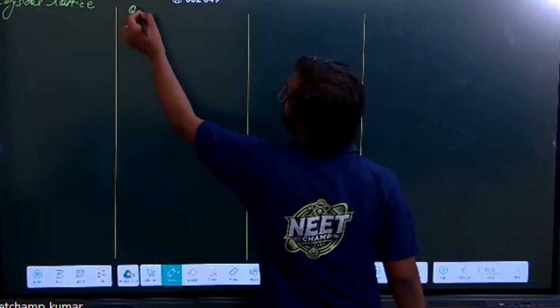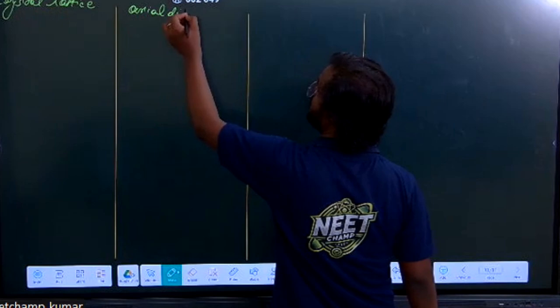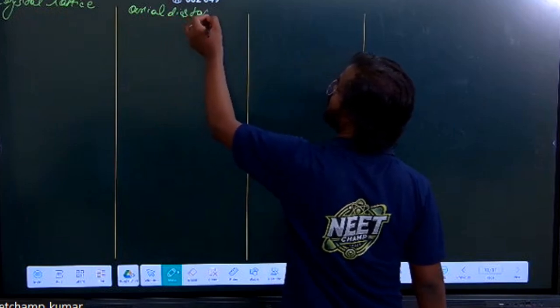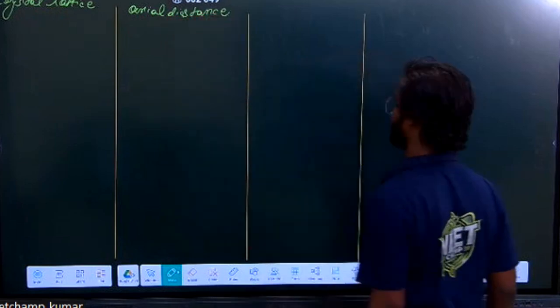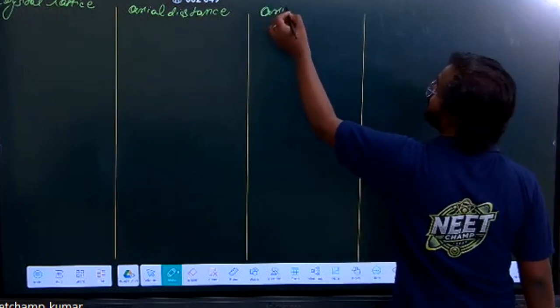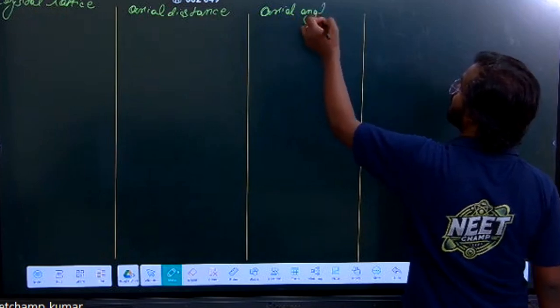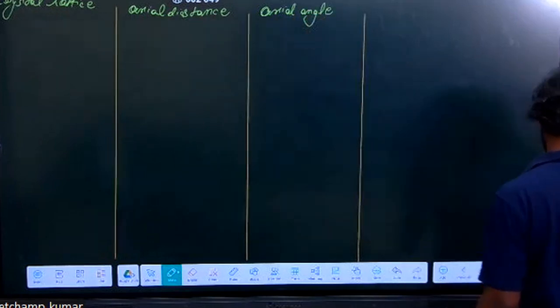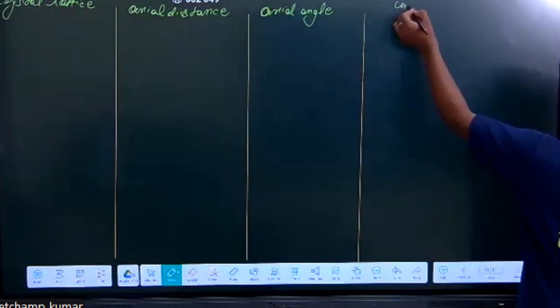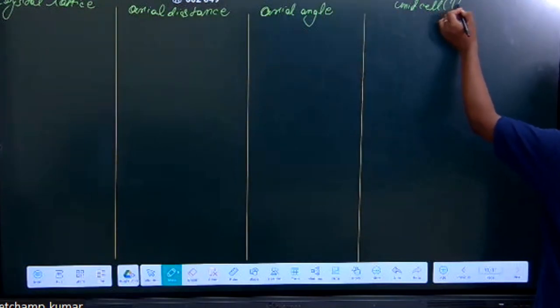Then we have axial distance, then we have axial angle, and last we have unit cells, also called Bravais lattice.